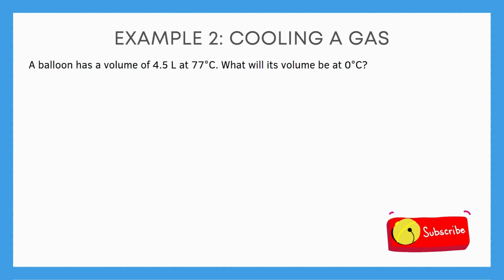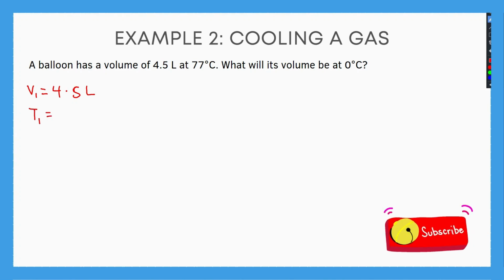The next example says a balloon has a volume of 4.5 liters. V1 is 4.5 liters. At 77 degrees Celsius, T1 is 77 degrees Celsius. So plus 273, that gives us 77 plus 273, that gives us 350 degrees Kelvin.